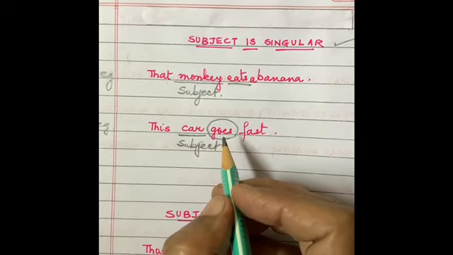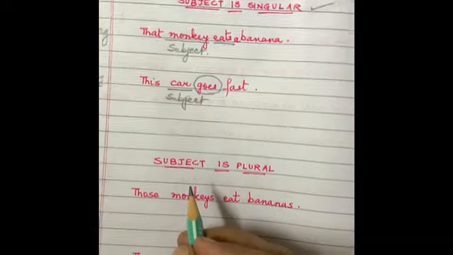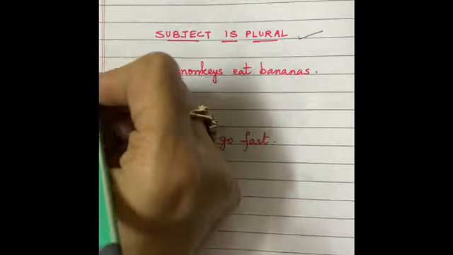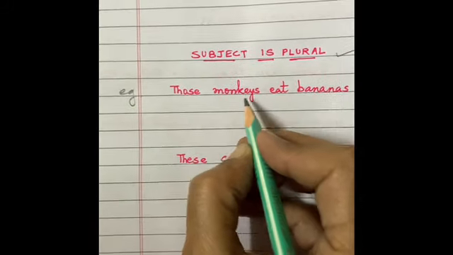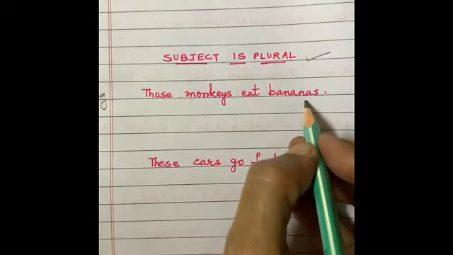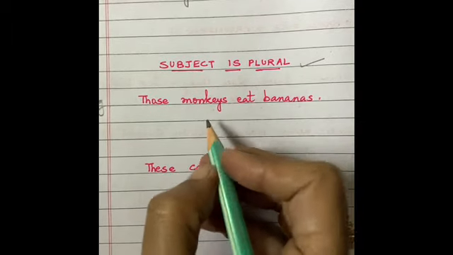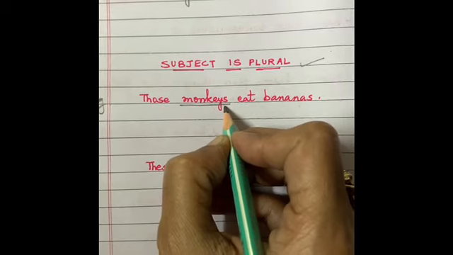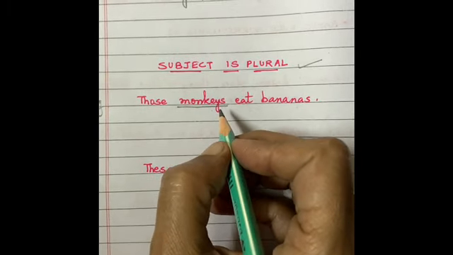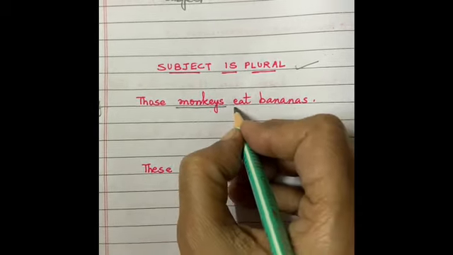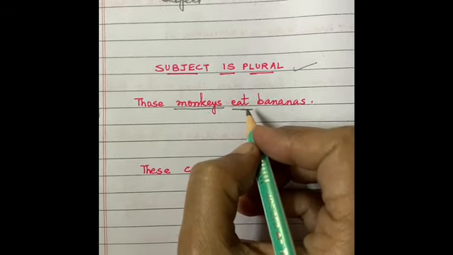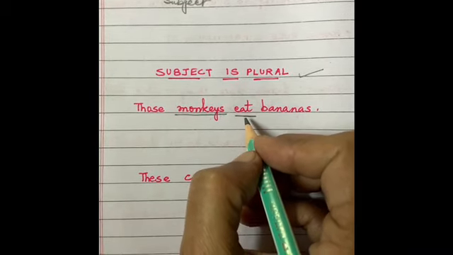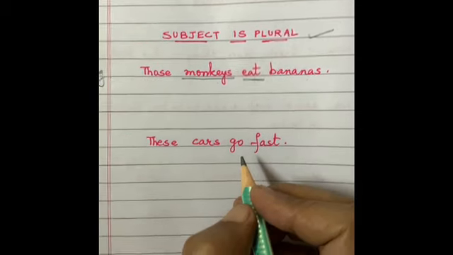Now, let's look into the same examples where the subject is plural. Example, those monkeys eat bananas. Here, the subject is monkeys, which is plural in form. So, the verb will also be plural in form. So, in this case, we have used the word eat. Let's look into the next example.